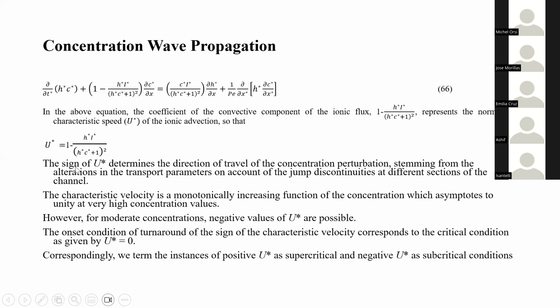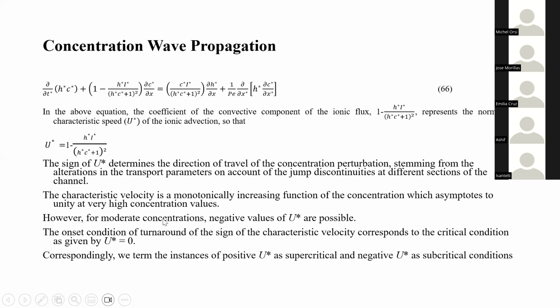The sign of U star determines the direction of travel of the concentration perturbation stemming from alterations in the transport parameters on account of the jump discontinuities at different sections of the channel. The characteristic velocity, U star, is a monotonically increasing function of the concentration which asymptotes to unity at very high concentration values.